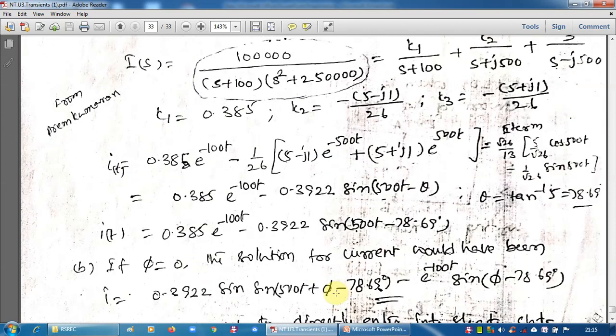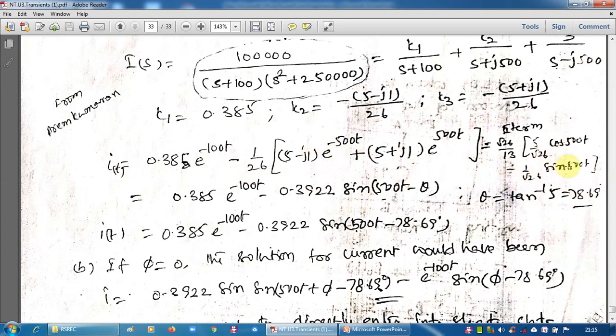What I said previously is, you see, this can be simplified to this. The e power minus at terms can be written as sine or cosine functions, like that. You need not simplify all these things. If you can write this, that itself is enough. This is further simplified.